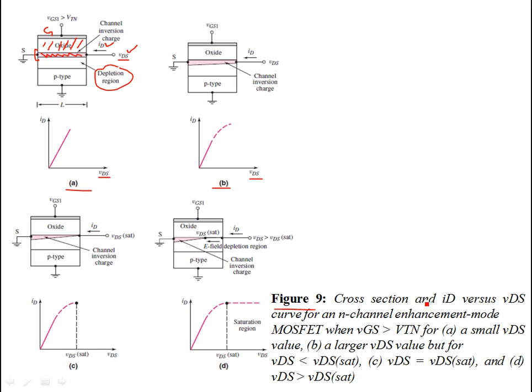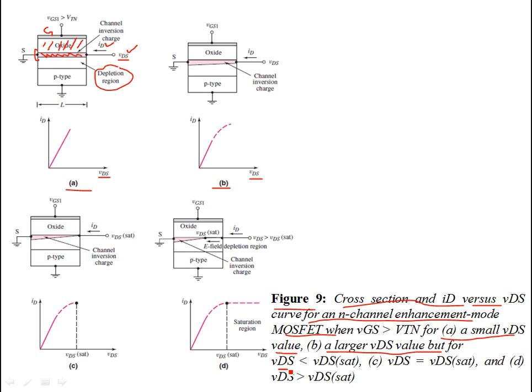In part A, it shows the cross section and the ID versus VDS curve for the N-channel enhancement mode MOSFET. Why enhancement mode? Because you need a gate voltage to create the channel. In part A you have a small drain to substrate value. In part B you have a larger VDS value.